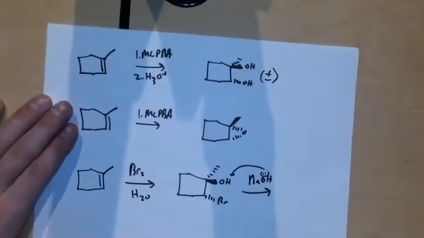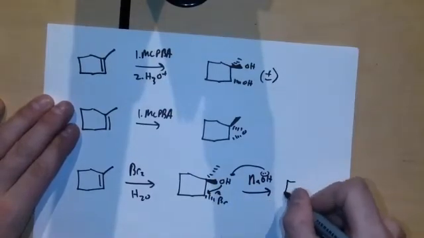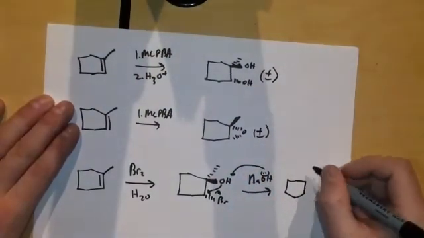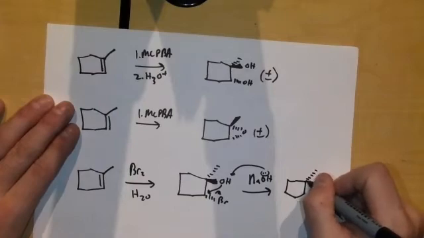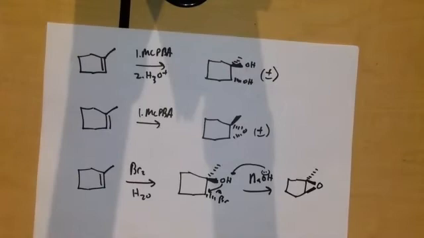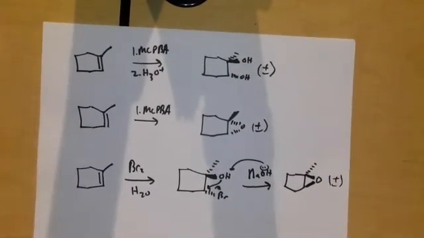This can actually cyclize to give you an epoxide. Both these reactions work. They both do the same thing. You get the same end product, it should be plus minus, and there's no real difference between them.